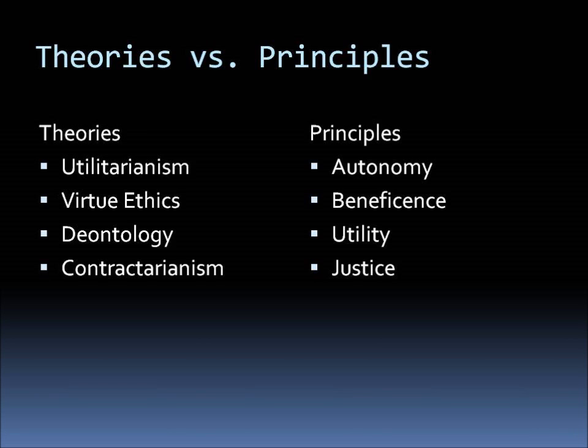So if some action brings about more good than bad, so it has some negative consequences, maybe we violate patient autonomy, but we bring about a fully developed child that does not have Tay-Sachs disease, you might think that the positive benefits of having a child that doesn't have Tay-Sachs disease outweigh the negative of violating parental autonomy, as in the case that I discussed in the previous slide. That's one way you might use the principle of utility.